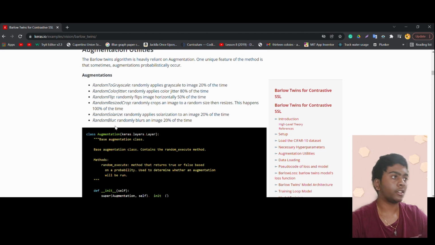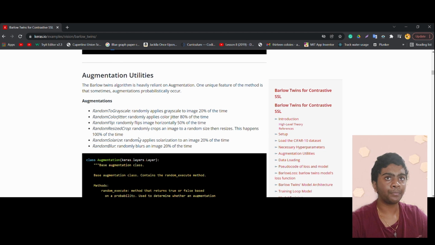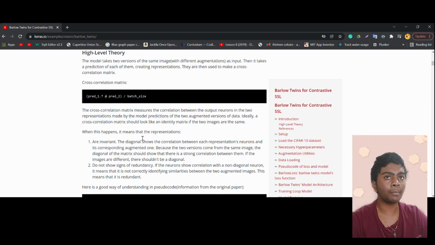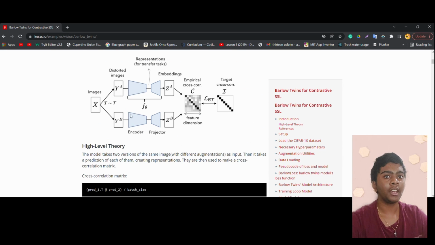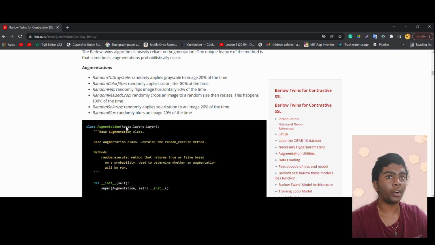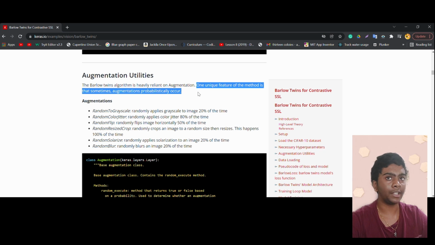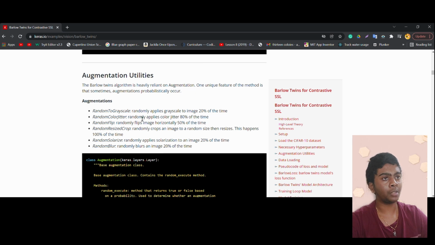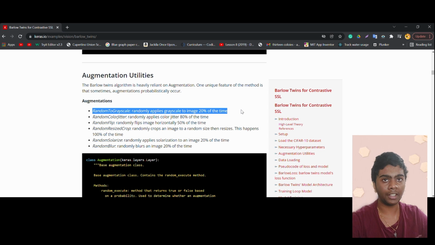And if you remember in the diagram, we have to augment our 2 images. And so this is the code to augment them. As I mentioned here, one unique feature of Barlow Twins is that sometimes augmentations probabilistically occur. For example, we don't want all the images to become grayscale, but we only make like 20% of our images grayscale. That's kind of the gist of what this augmentation does.